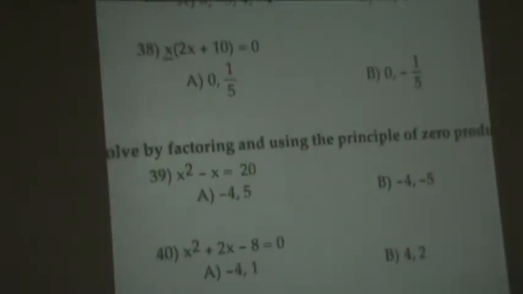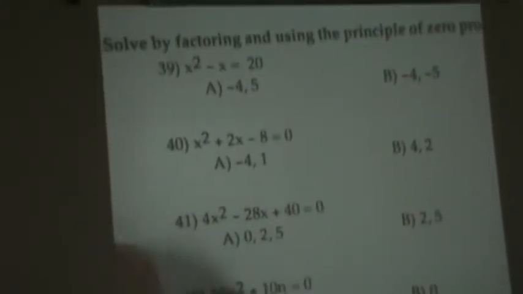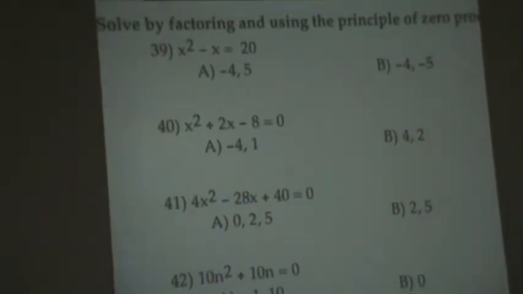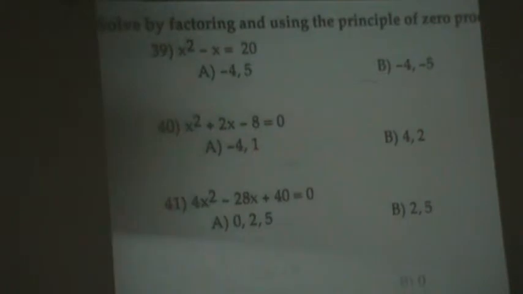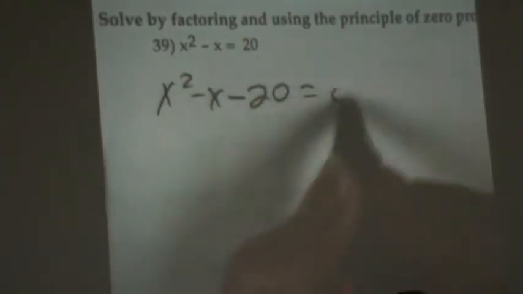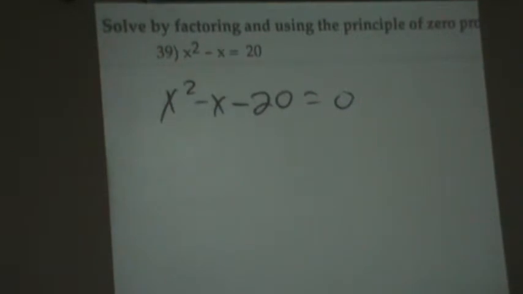Solve by factoring and using the principle of zeros. So you have to factor it and make it equal to 0. Actually, first you need to make it equal to 0 before you factor, right? So you need to subtract 20 from both sides, so that makes this minus 20 equals 0.